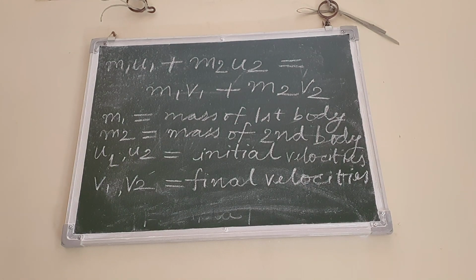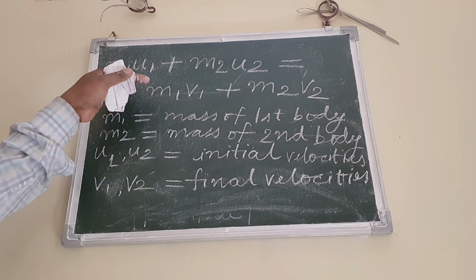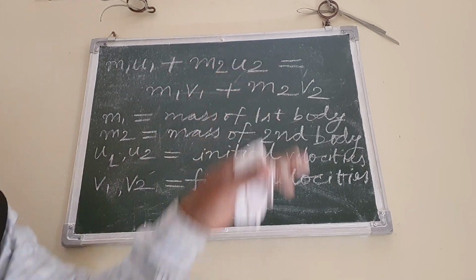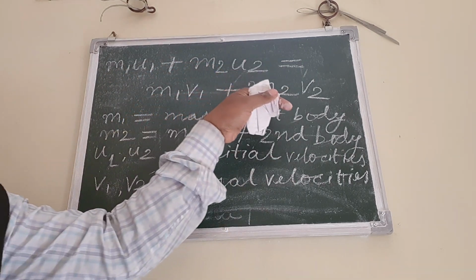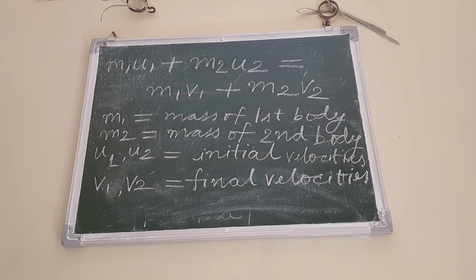So this is the law of conservation of linear momentum: m1 u1 plus m2 u2 is equal to m1 v1 plus m2 v2.